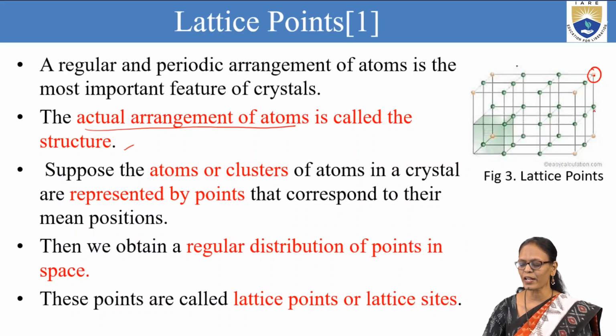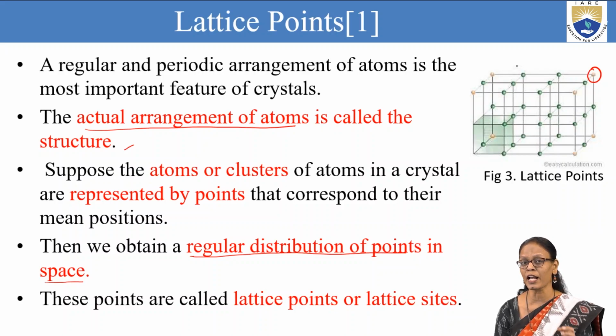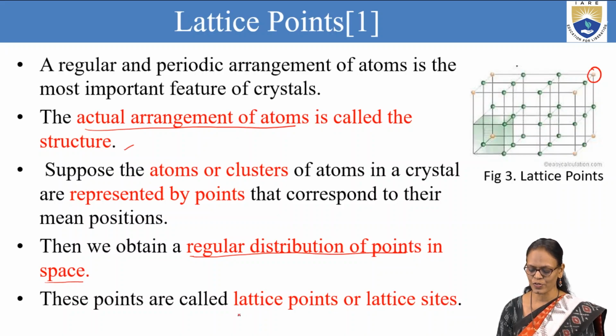So like that, wherever the atoms are there, if these atoms or clusters of atoms are represented by points, then we call them lattice points. So we obtain a regular distribution of points in space. Wherever there is an atom, we show it with the help of a point, which we call a lattice point or lattice site.